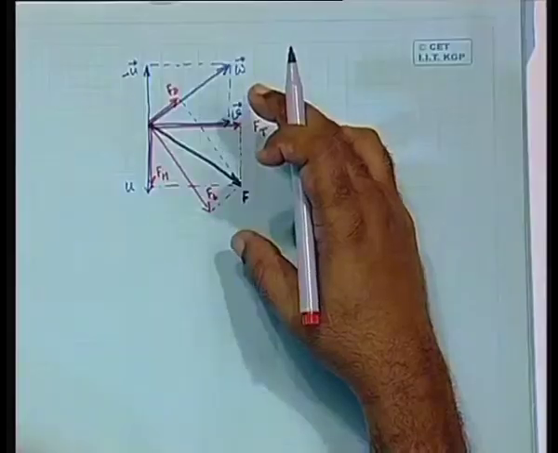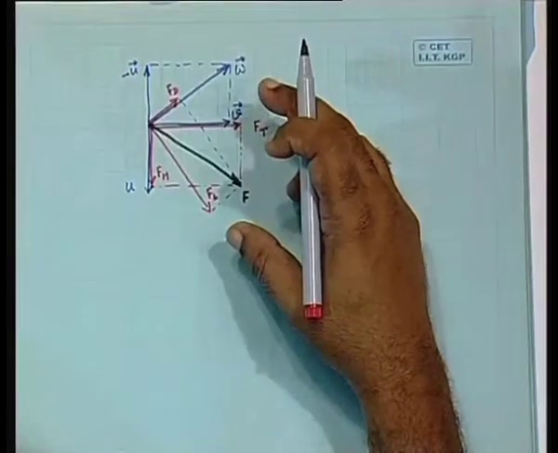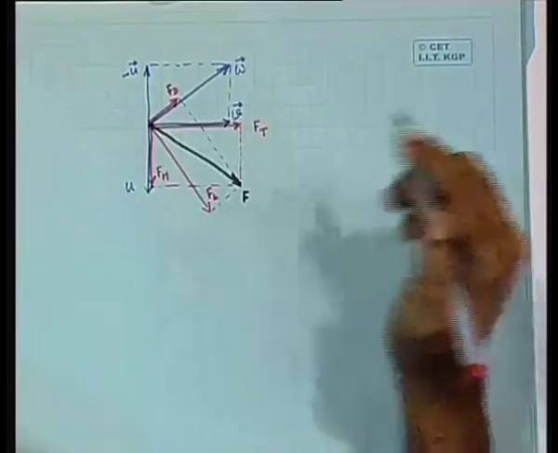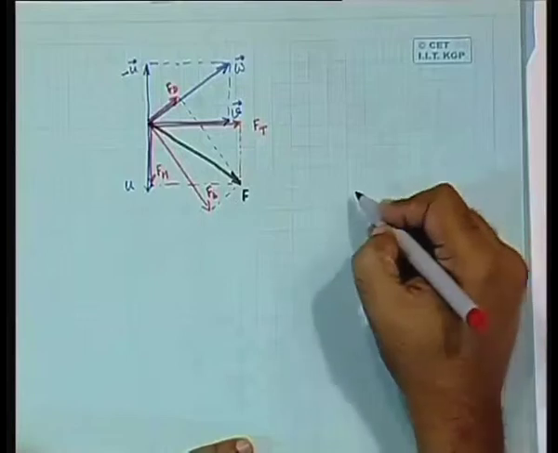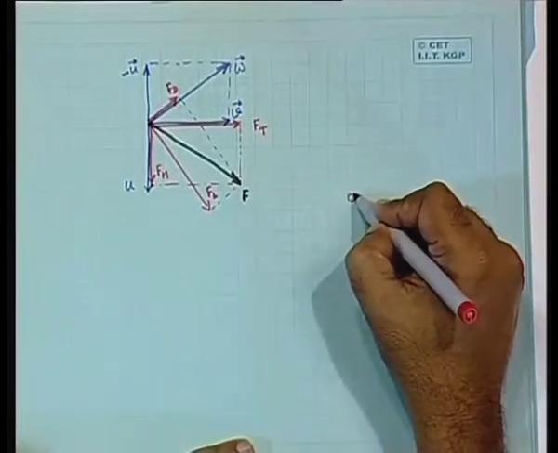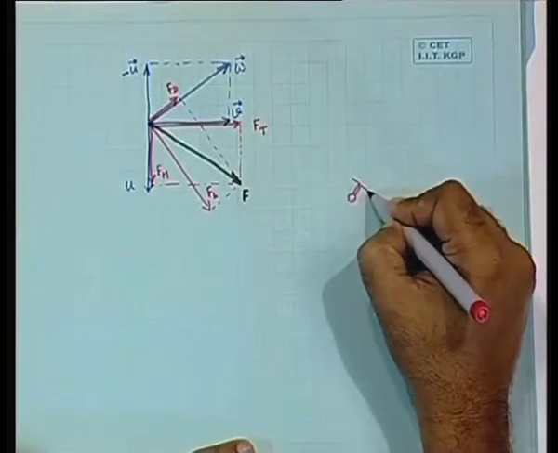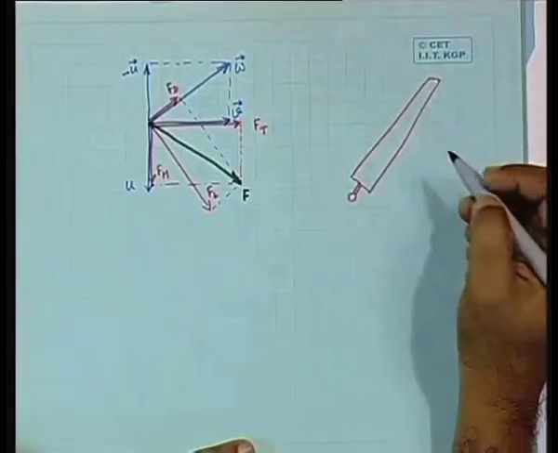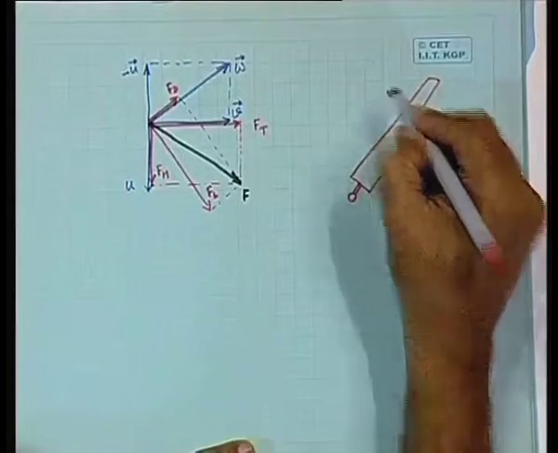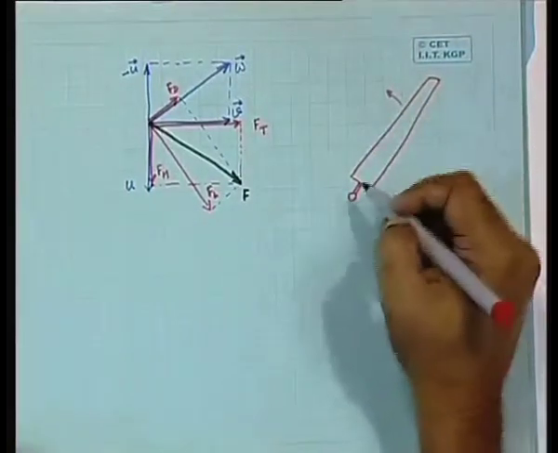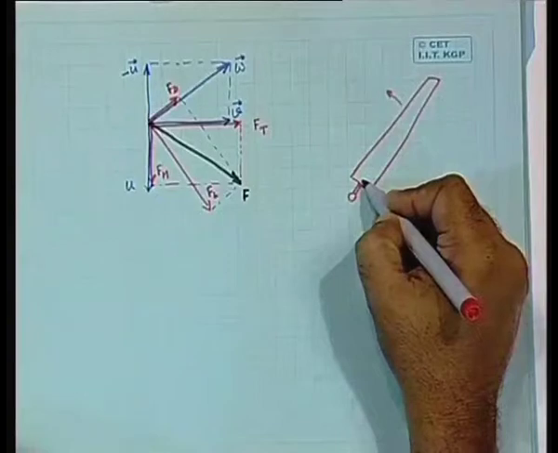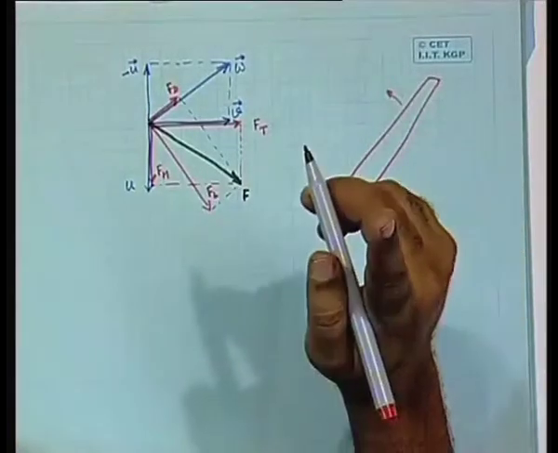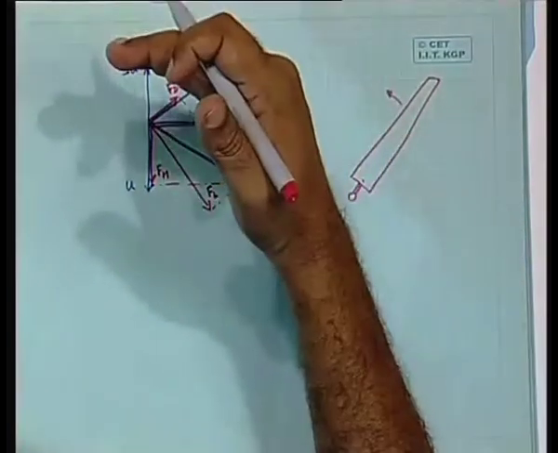So when we calculate all these, it is not difficult to see that we cannot do this calculation for this whole blade in just one go. Why? Just imagine that the blade is like this. I am drawing one blade and it is rotating like this. What will be the u here? U means the velocity of the blade, linear velocity of the blade.